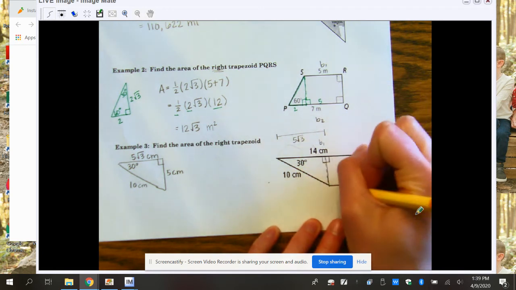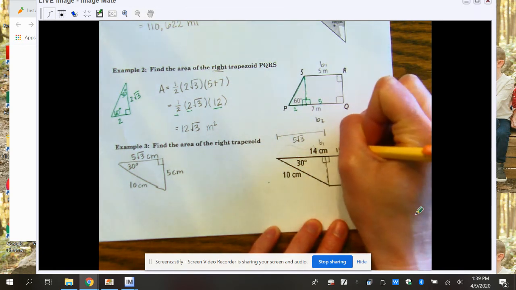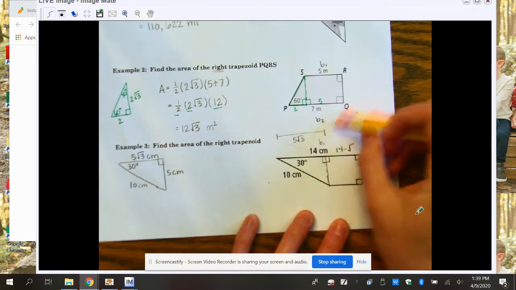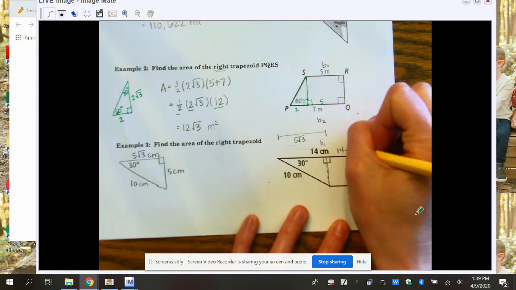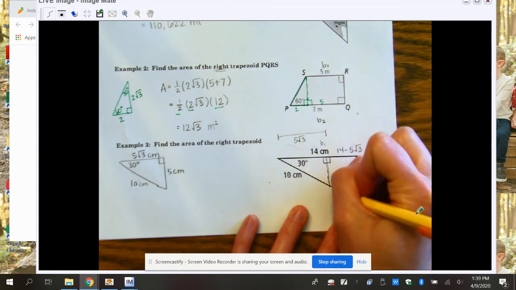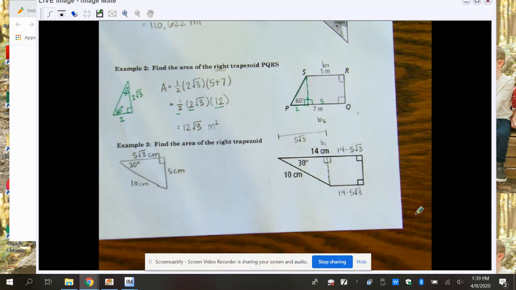So this side is going to be 14, the whole distance, minus the 5 radical 3 from that triangle. Okay, so that's going to be this side as well. So the multiplication is going to be a little bit trickier, and we'll work through that as well.